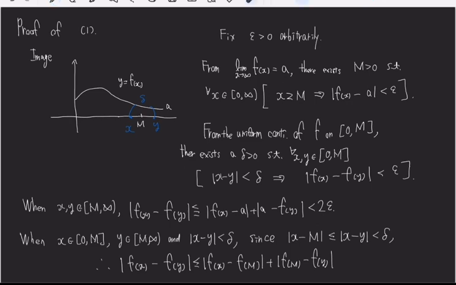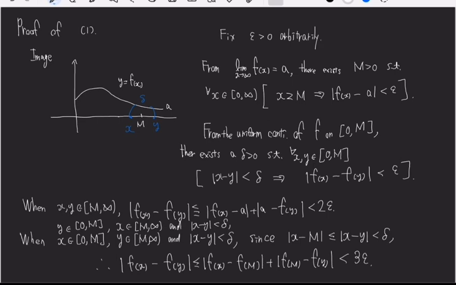From the above inequalities with epsilon, the right-hand side can be estimated by 3 epsilon. From the symmetry of the variables x and y, this argument is also true when y is less than or equal to m, x is greater than or equal to m, and the modulus of x minus y is less than delta.